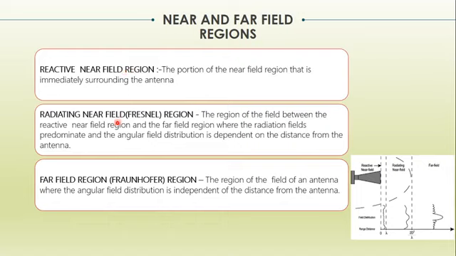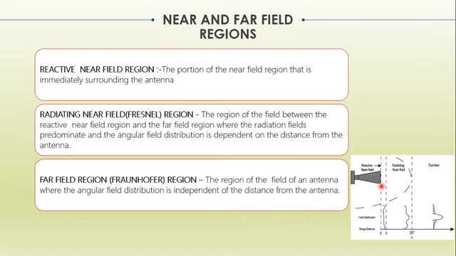Next is the radiating near field region, where the E field and H field try to become orthogonal to each other, and the field distribution depends on the distance. Since this is a little close to the antenna, the shape or nature of the radiation depends on the distance from the antenna.